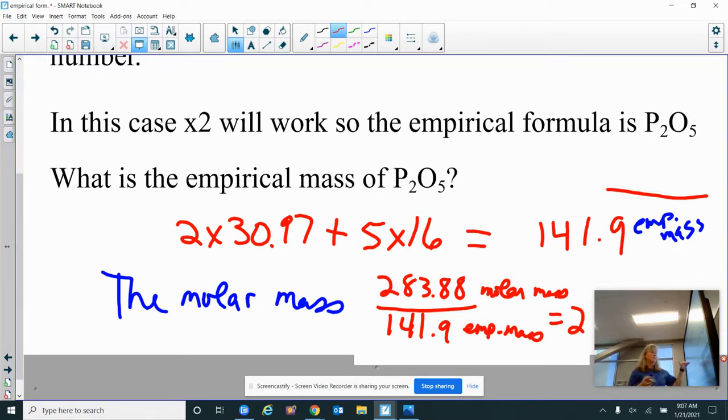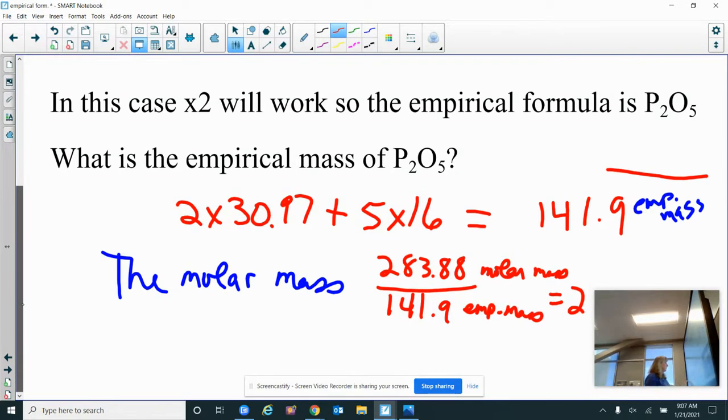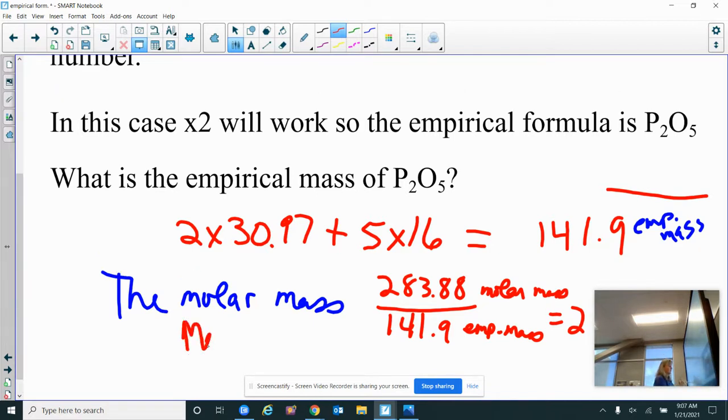But if the molar mass is bigger, then when we divide, we need to get a whole number. In this case, 2. So that means we multiply that 2 by our empirical formula. So the molecular formula then is P4O10.